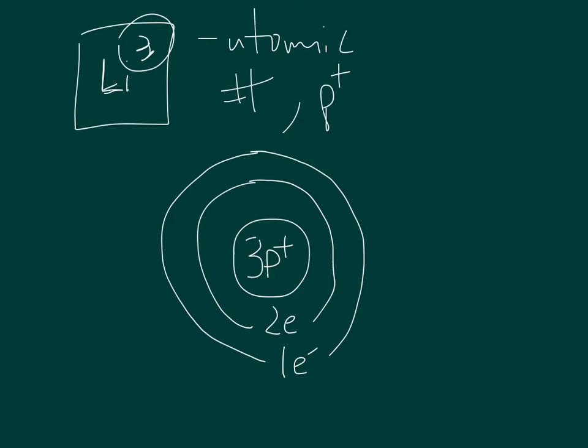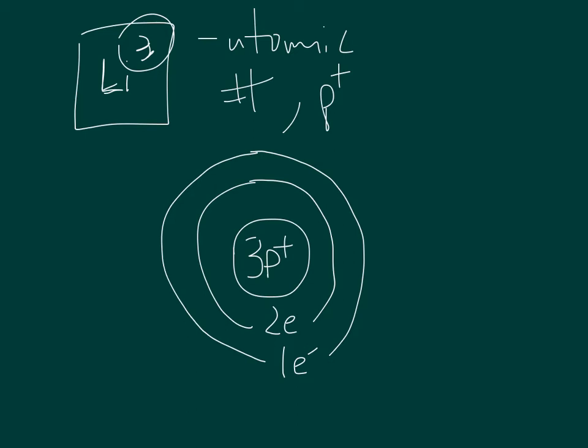Why is that? In all of the cases that we're going to talk about today, the number of protons is going to match the number of electrons because these are neutral elemental substances or atoms. With 3 protons, we must have 3 electrons.